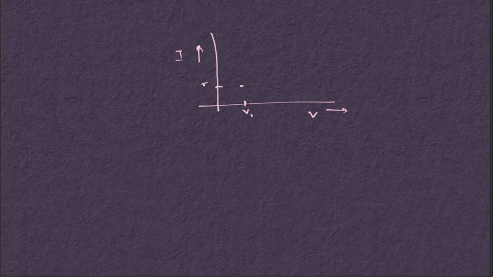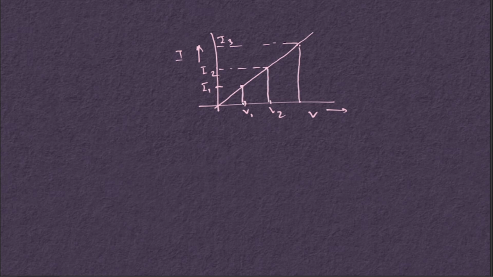Similarly, we will take V2 and the corresponding current is I2, and for V3 we get I3. Joining these points, we get a straight line passing through the origin. This value is I3, this value is I2, this value is I1.